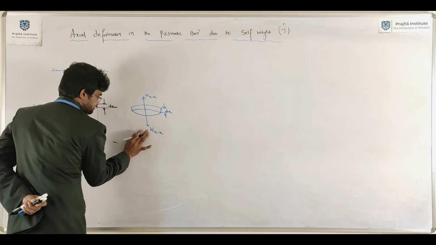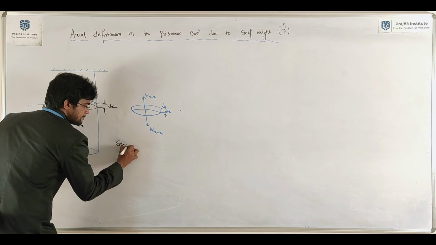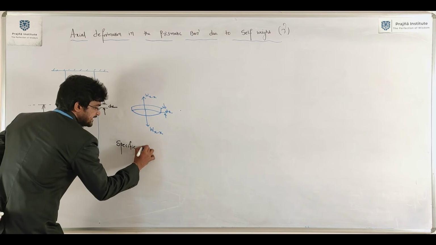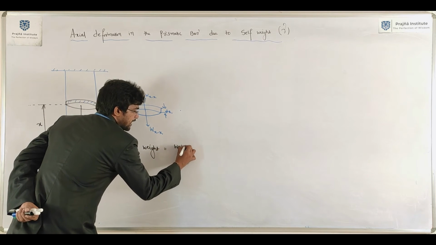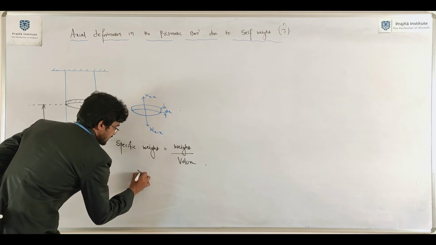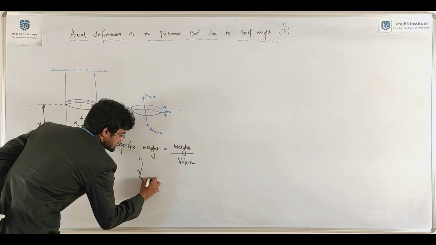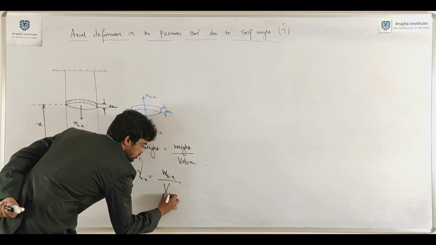We know that specific weight, or weight density, is equal to weight per unit volume. So gamma x equals Wx by volume.